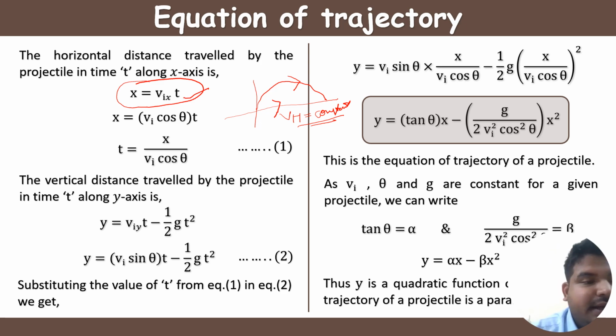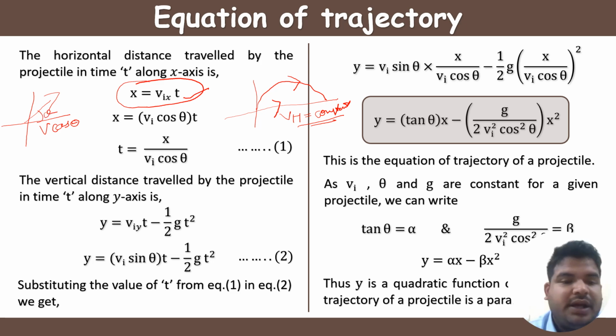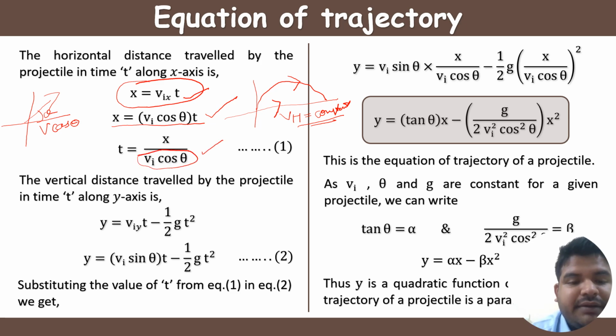If the angle is theta, the horizontal component is v cos theta. So distance traveled x equals v cos theta into t, and t is equal to x by v cos theta, where v cos theta is the velocity component in the horizontal direction.